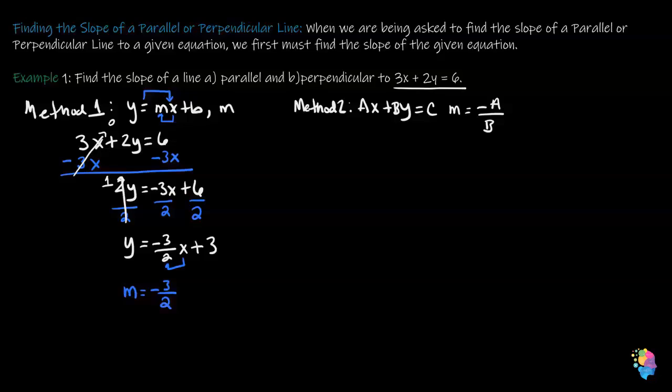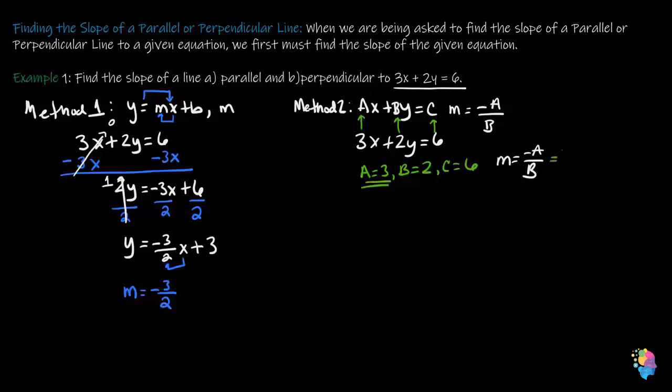Now let's see if we can find the same slope with the second method. Let me bring down our equation. Our equation was 3x plus 2y is equal to 6. Notice how our equation is in standard form, because a will be 3, b will be 2, and 6 will be c. Then using the formula m is equal to -a over b, we know that a is 3, so this will be -3 over b is 2.